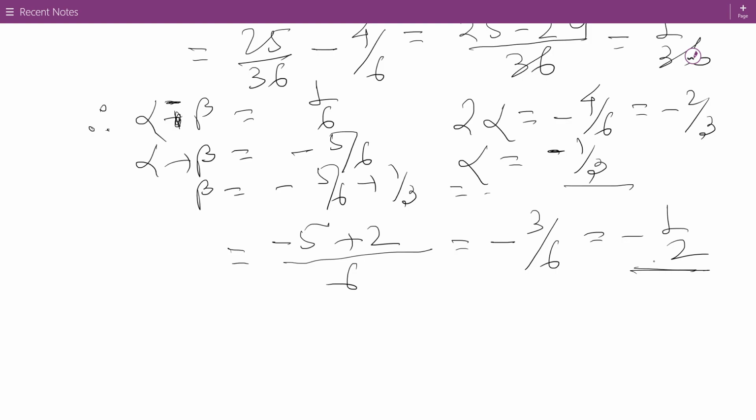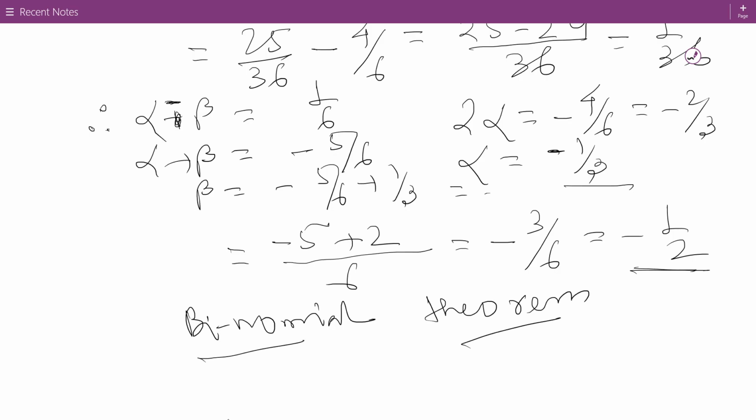Binomial theorem is mainly applicable on gravitation. In the coming class we will discuss binomial theorem, the basic part of algebraic mathematics.